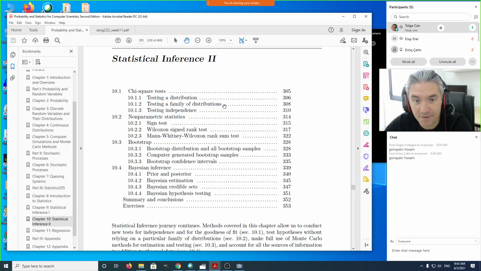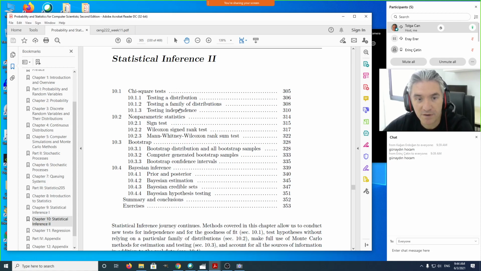Or if we're testing, for example, whether the sample is coming from a normal distribution, then we have to estimate both the mean and standard deviation by using two estimates for them.